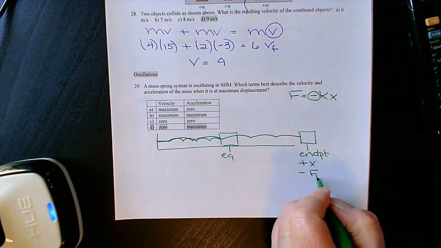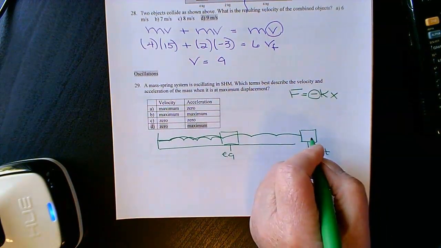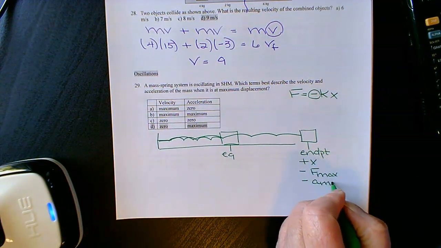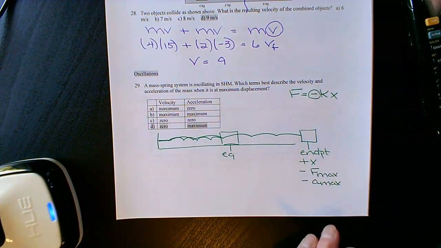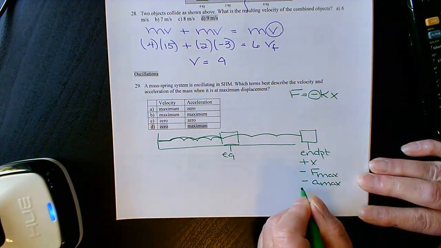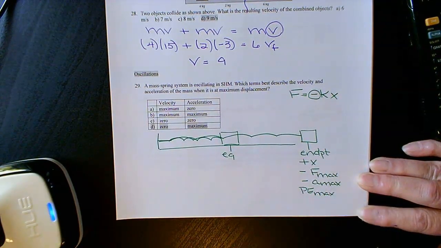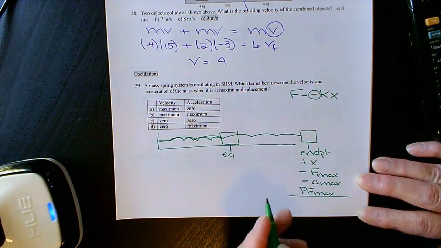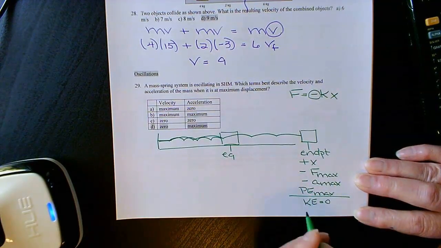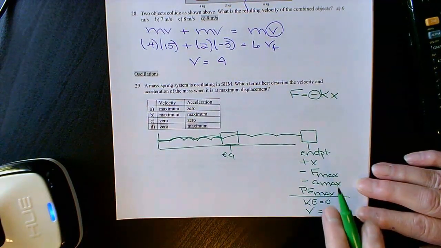The restoring force is at a max because he wants to go back. If the restoring force is at a max, the acceleration is at a max because he wants to boing back really fast. It also means that the potential energy is at a max, and the kinetic energy is 0 and the velocity is 0 because he's temporarily stopped.